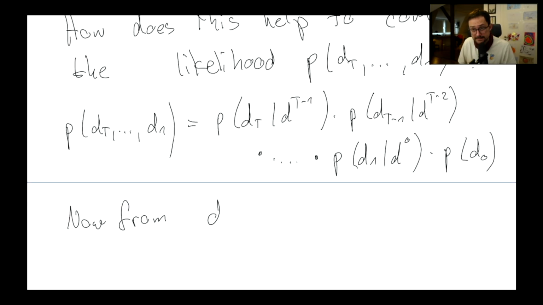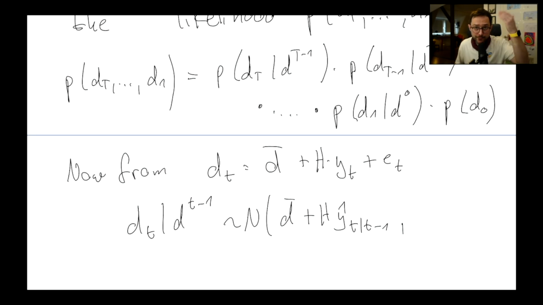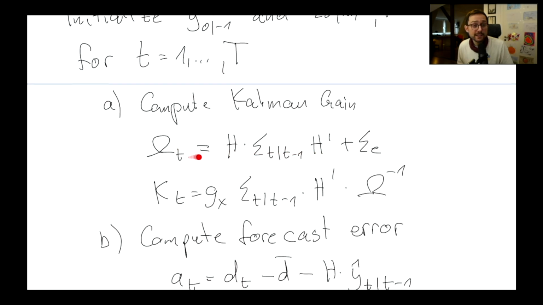From dt being equal to my measurement equation, h times yt plus et, we can infer that this is normally distributed with mean d bar plus h y hat t given t minus 1. And we've done this for the very first period above, with that covariance matrix that we called omega.